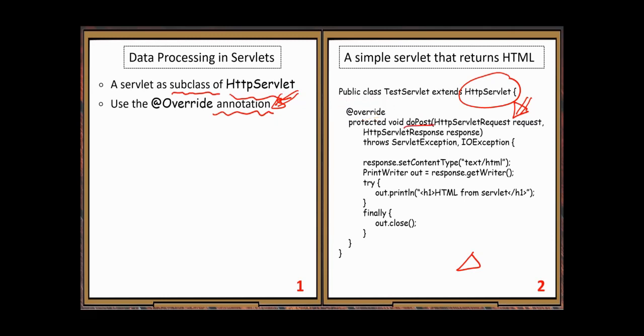Right now we know we want to override the doPost method, because it is originally built into the HttpServlet class. When you use the annotation, you tell the compiler to check this class: I want to override an old method in its superclass. The compiler will check it and give you information.